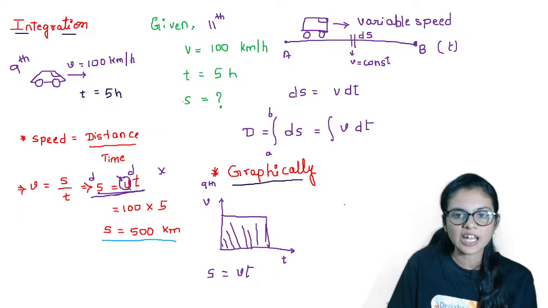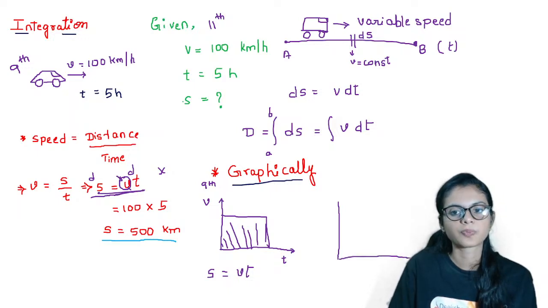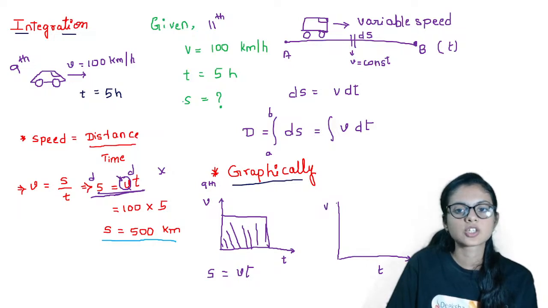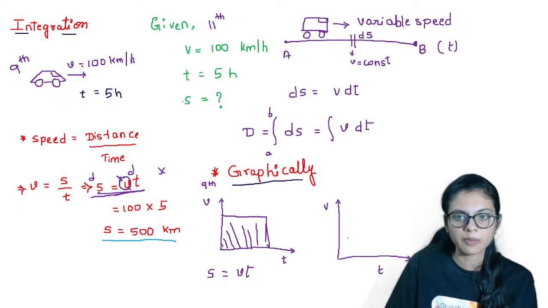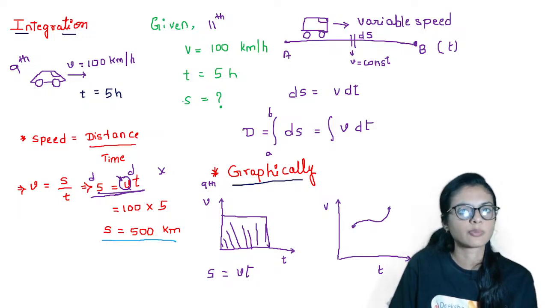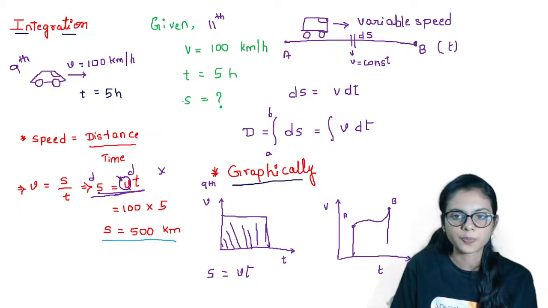But what comes in 11th physics is, again consider a VT graph, but here the object is not moving with constant speed with equal interval of time. Some random motion the object is undergoing. It's moving from this point A to this point B. Okay, let me write it A and B. Now, how to calculate the area under this particular graph?